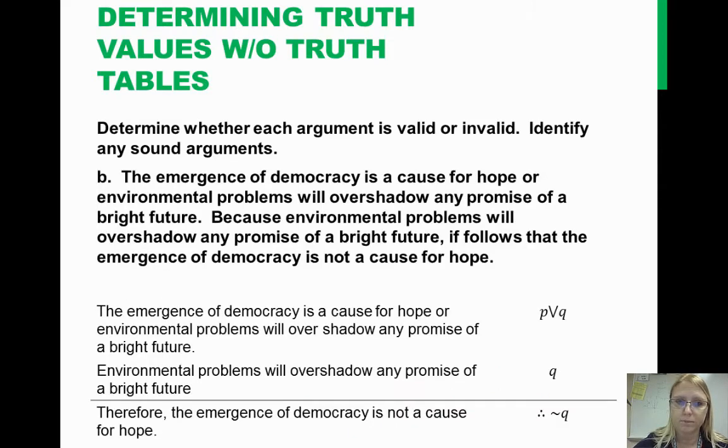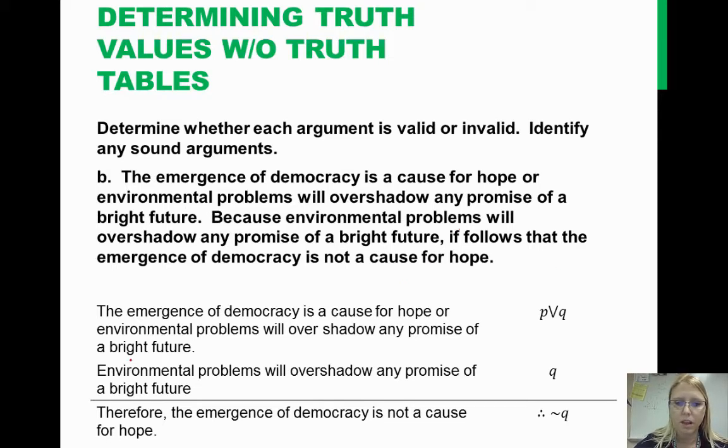Now let's try this one. The emergence of democracy is a cause for hope, or environmental problems will overshadow any promise of the bright future. So that is our first premise. We have P or Q. Now, because environmental problems will overshadow any promise of a bright future, and I think it's supposed to say it follows that the emergence of democracy is not a cause for hope.